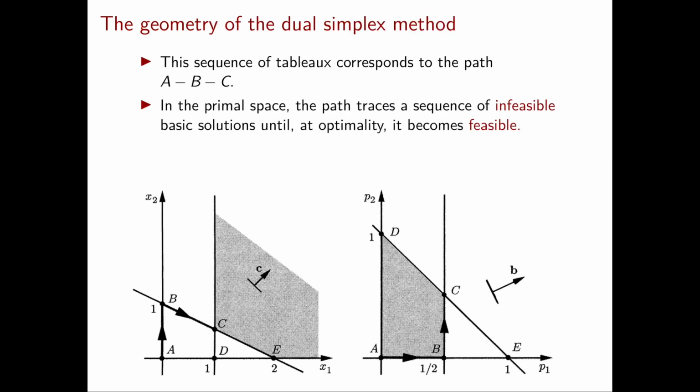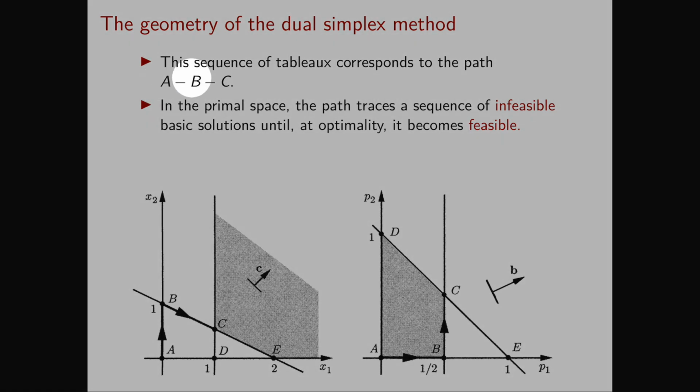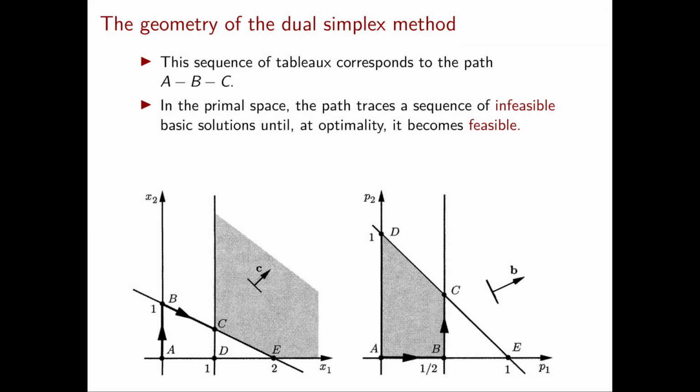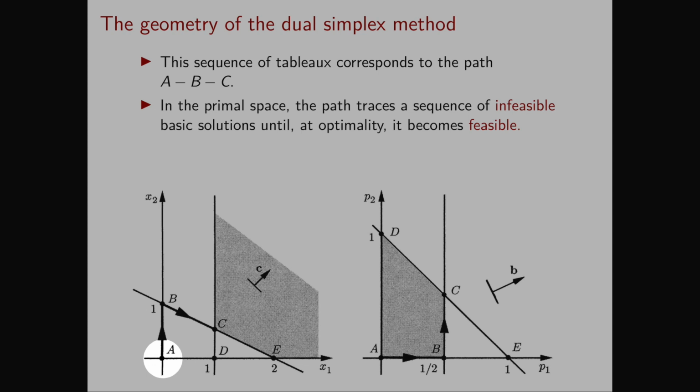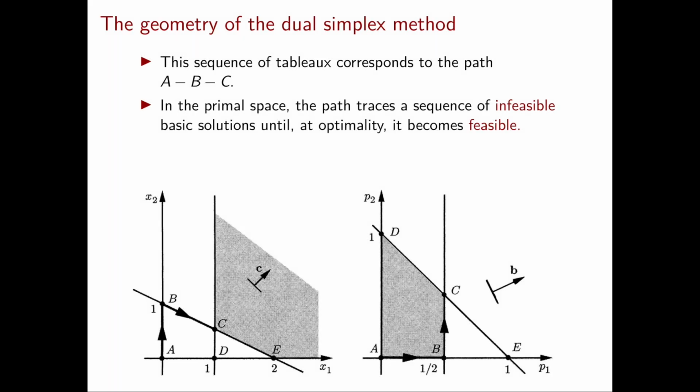Now the sequence of tableaux that we've obtained corresponds to the path A, B, C. So let's have a look at this path both in the primal and in the dual. In the primal we started here, at the next iteration we were in this point and ended up in our optimal solution C. So in the primal space, the path traces a sequence of infeasible basic solutions until it becomes feasible at the very end when you find an optimal solution.